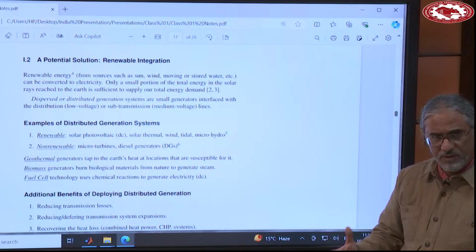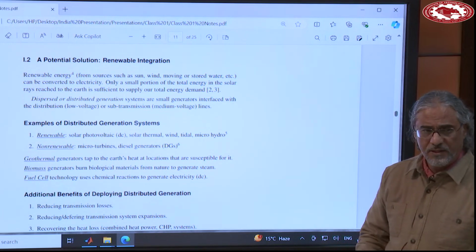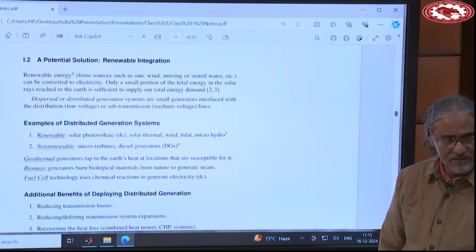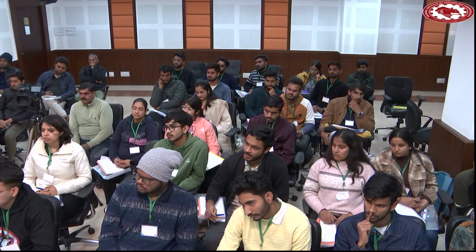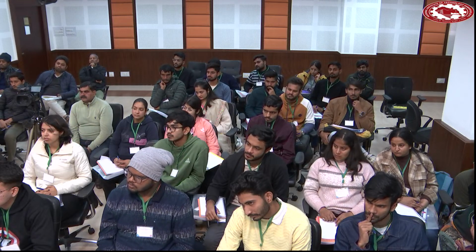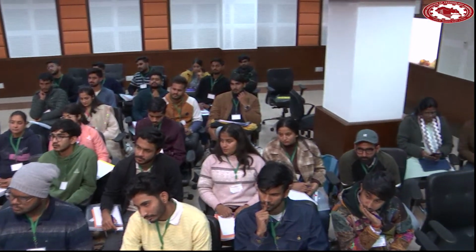Then you can also minimize, first of all, the distribution losses, and also the investment. Because, you remember, on the transmission system, the losses are very important, but the transmission system is also very expensive. Probably the most expensive part of the power system is the transmission part.